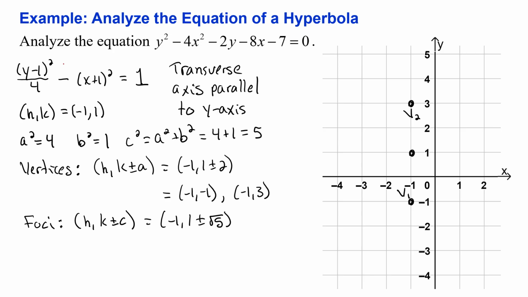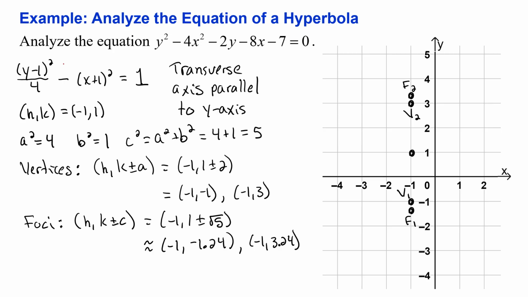I'm getting out a calculator to approximate the y values. The 2 points are approximately (-1, -1.24) and (-1, 3.24). So let's plot f sub 1 below the center and then f sub 2 above the center.